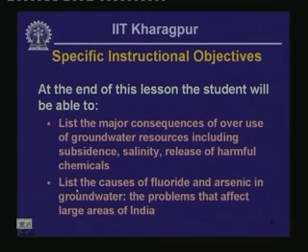What we want to accomplish in this particular lesson are the following. We would like to be able to list the major consequences of overuse of groundwater resources such as subsidence, salinity, and release of harmful chemicals. And we would like to be able to list the causes of fluoride and arsenic in groundwater.